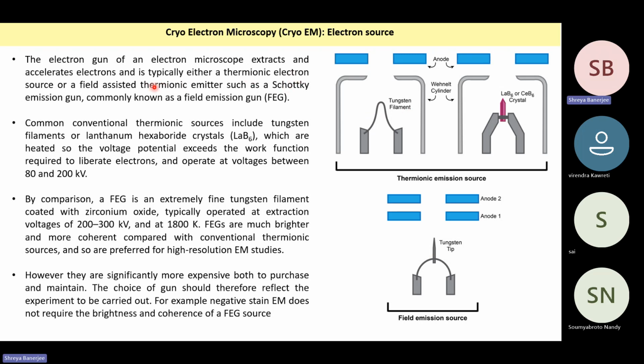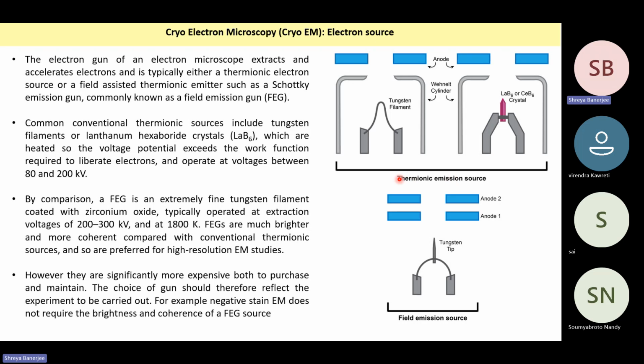And the other thing that is called field assisted thermionic emission or field emission gun. Basically, again, you have a tungsten tip which is being heated and you are getting the electrons, but additionally there is a potential difference developed here, that is a field that is helping in the emission of the electrons.